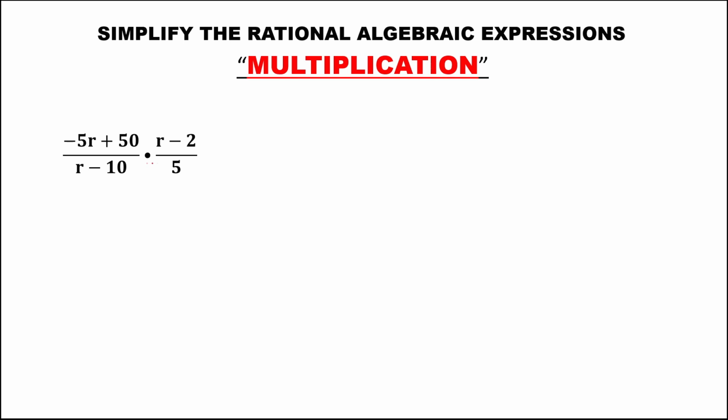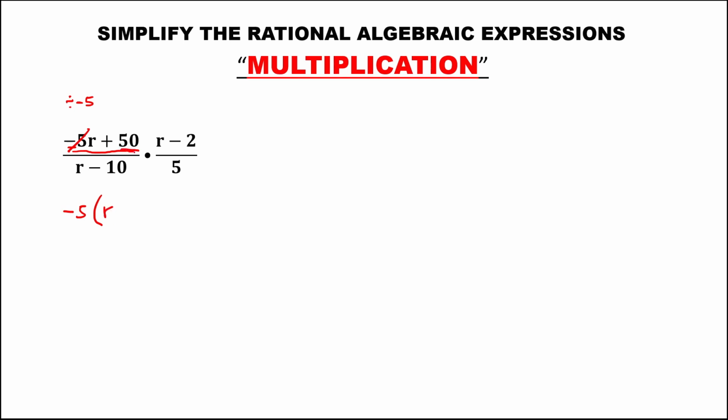Then for this given, first we need to check if we can factor out some expression. In the numerator we have negative 5r plus 50, and these two numbers are divisible by 5. Since the first one is negative, we need to make it negative 5, so we put this negative 5 outside. Then negative 5r divided by negative 5 is r.